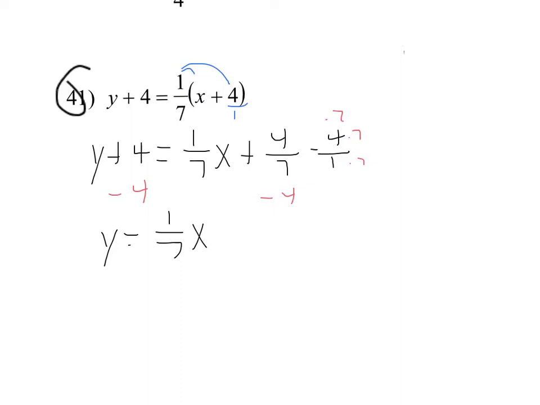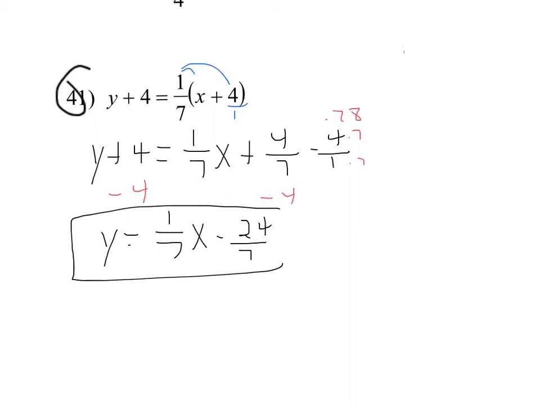And that's a negative 28. So 4 minus 28 would give us minus 24 over 7. And that is solved for y, and something that we've already done. And that ends literal equations.